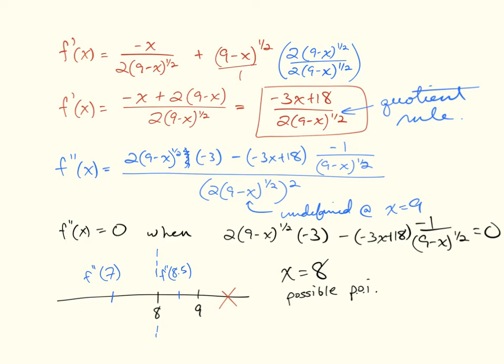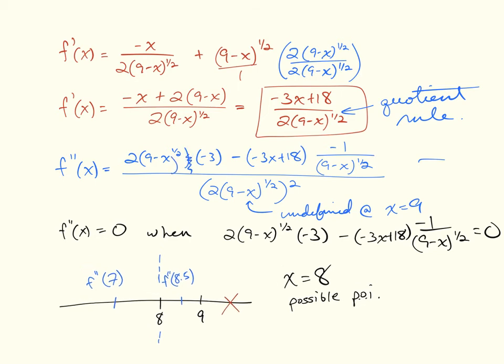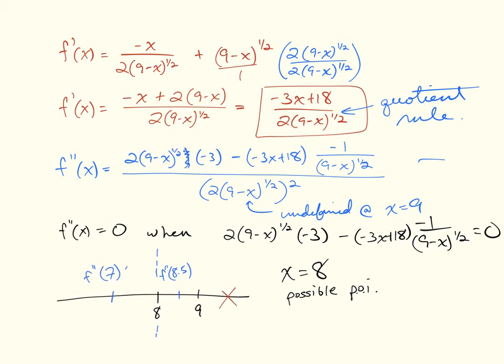And when you do this, you'll see that f double prime of 7 gives you a negative value, and f double prime of 8.5 also gives you a negative value. So in between 8 and 9, this graph is concave down. And also in between negative infinity and 8, this graph is also concave down.